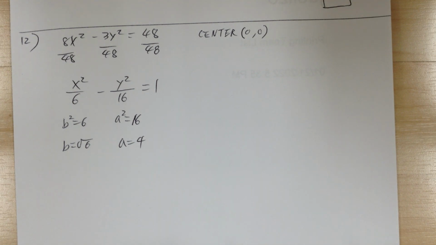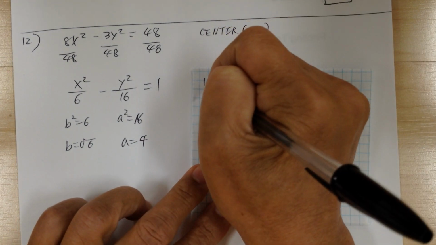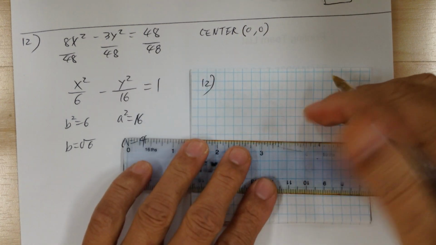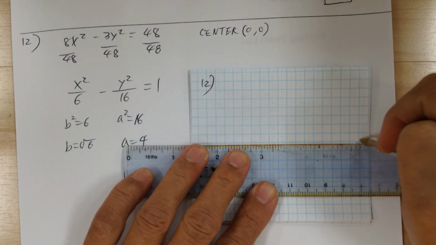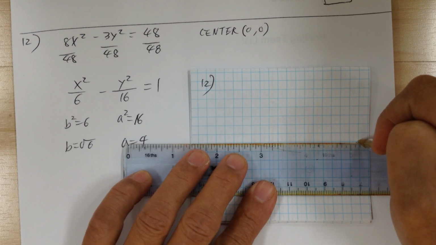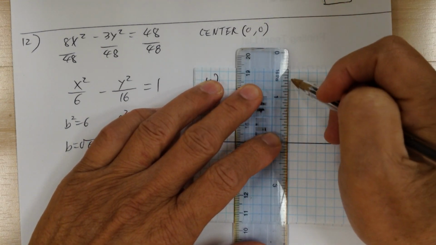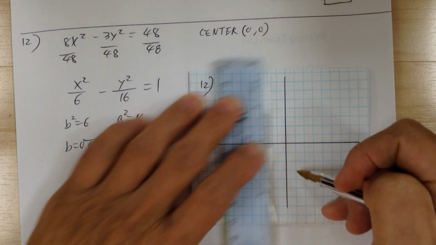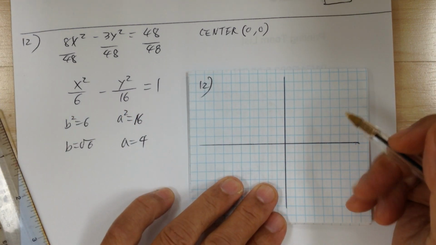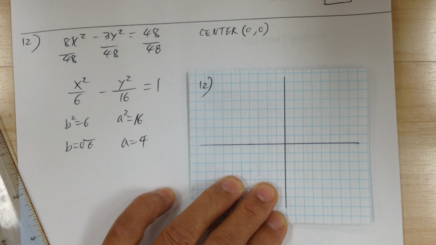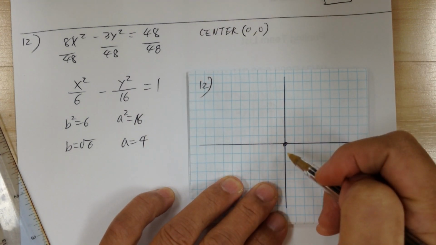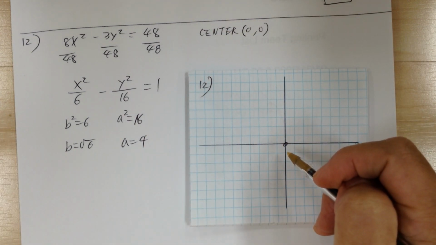Okay, so let's go and sketch it out. And remember now, this is a hyperbola. Okay, so center is 0, 0. Now for a hyperbola, you have to draw a box.